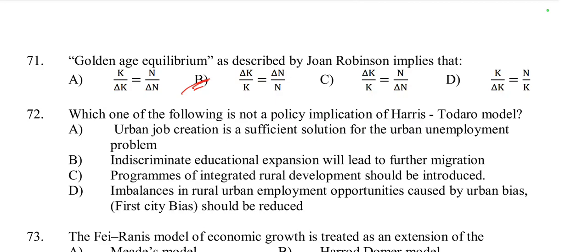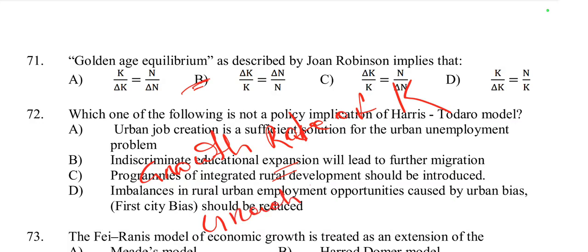According to golden age equilibrium, Joan Robinson said that the growth rate of capital is equal to the growth rate of labor. How do we calculate the growth rate of capital? ΔK/K, the change in capital by original capital.